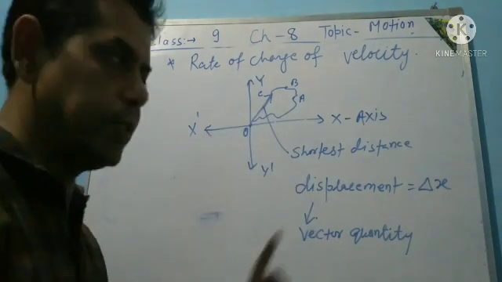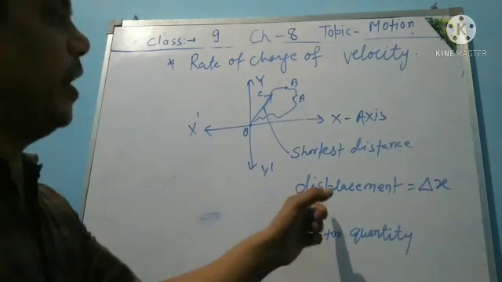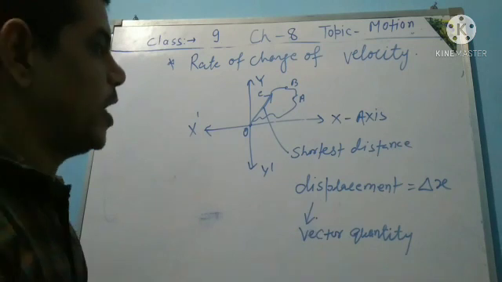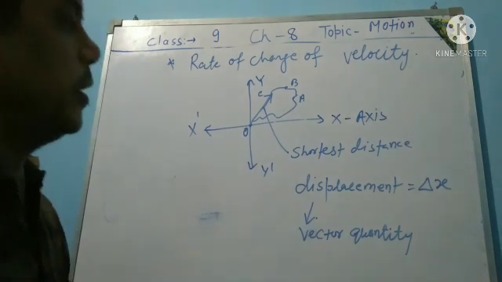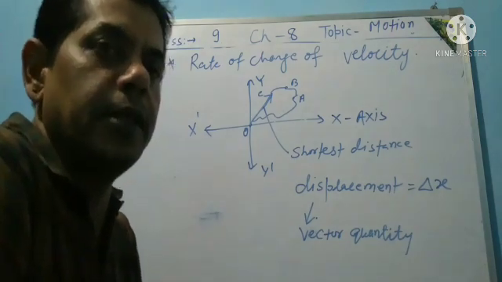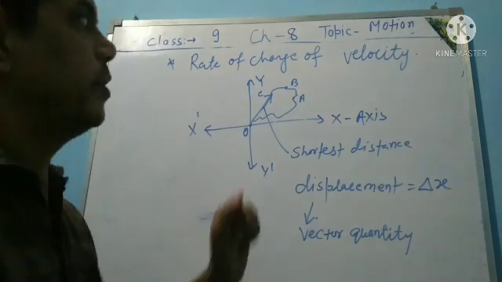So that displacement is a vector quantity. Again, now explain the other things. The rate of change in displacement, main thing I explain that topics.